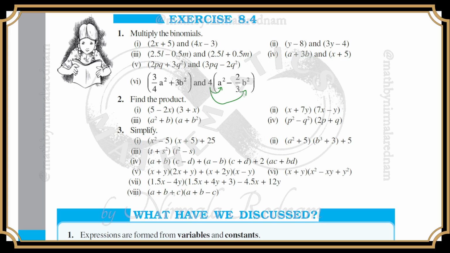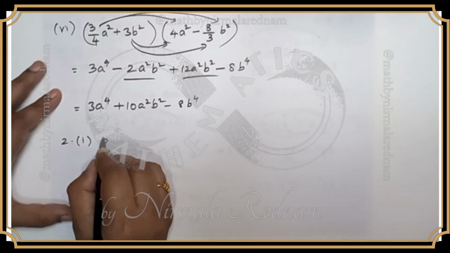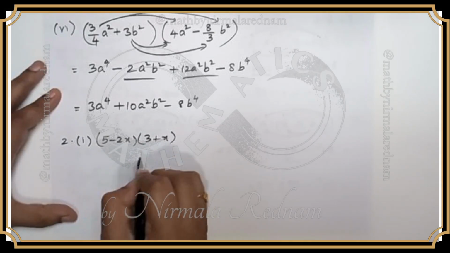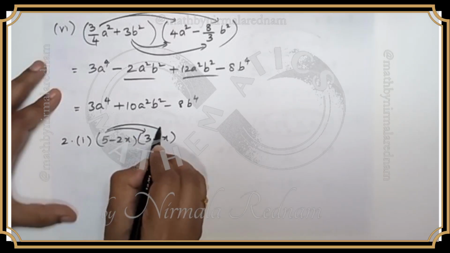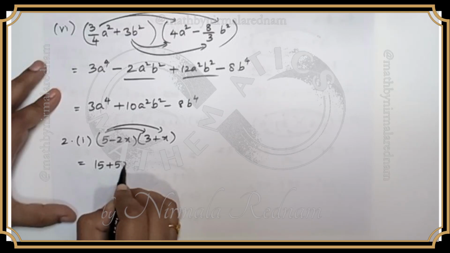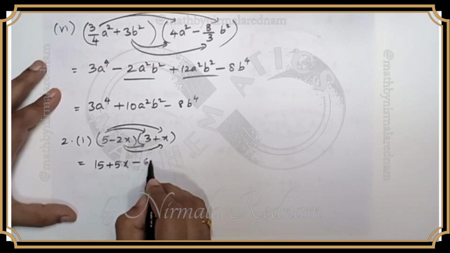Again, they have given a bunch of sums where you have two binomials and you have to find the product of these two. Let's look at the first one. 5 minus 2x into 3 plus x, right? So this will give me 3 5 is 15 plus 5x, and then I have minus 6x.